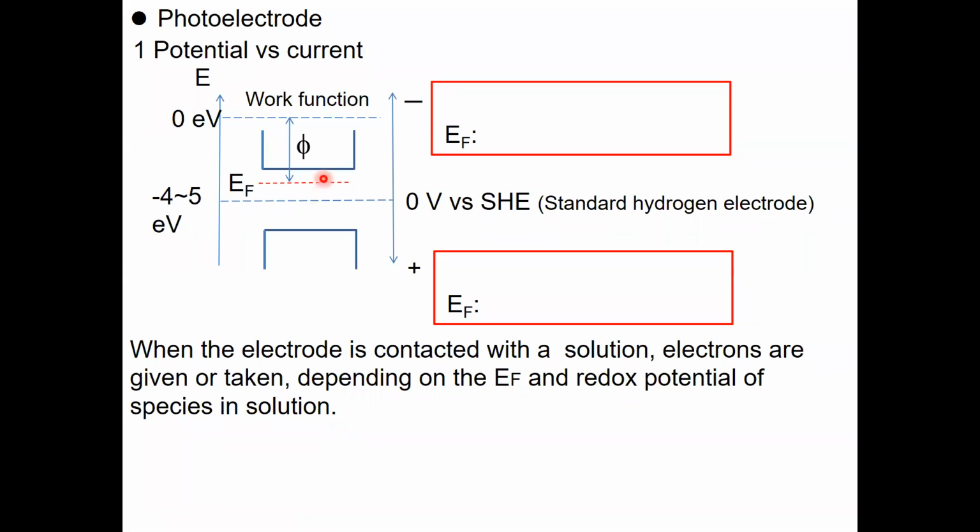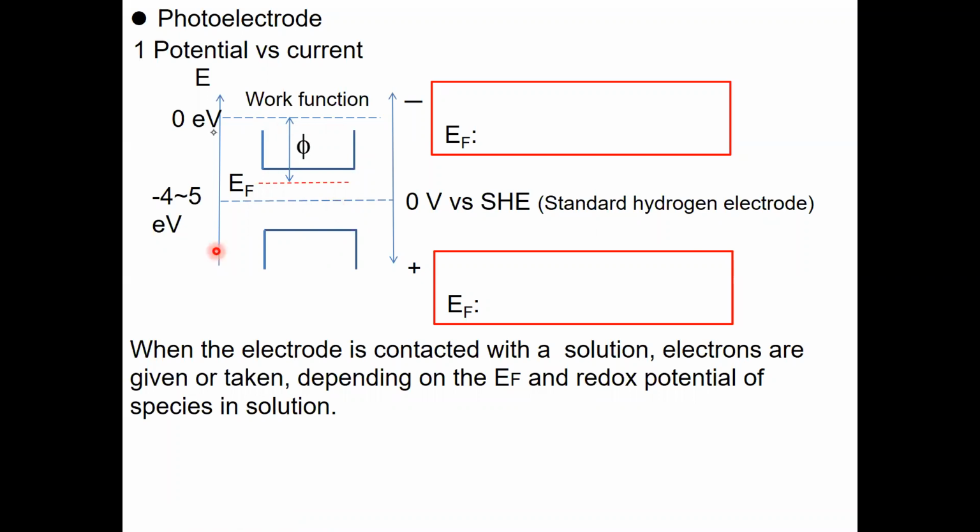So at first, I'll show one of the typical semiconductor materials. This is a case, especially for titanium oxide, which is the most frequently used semiconductor material in a photoelectrode.